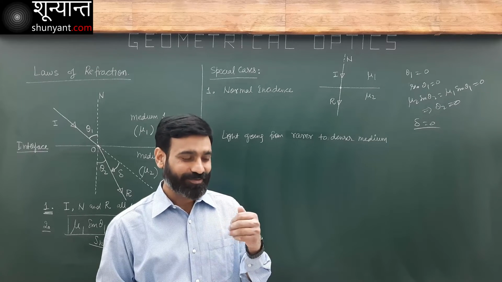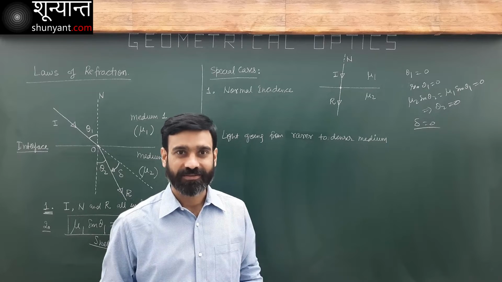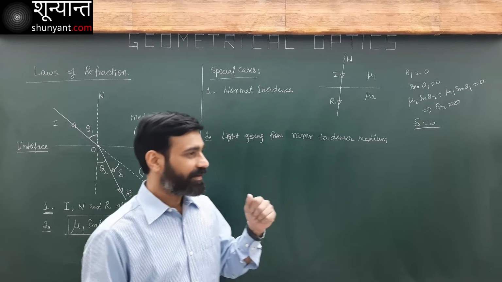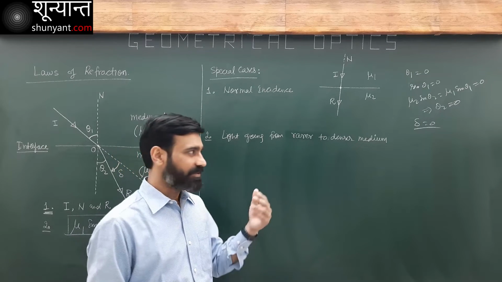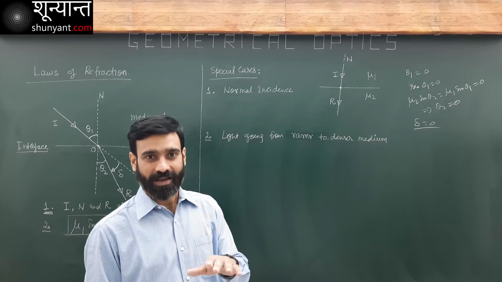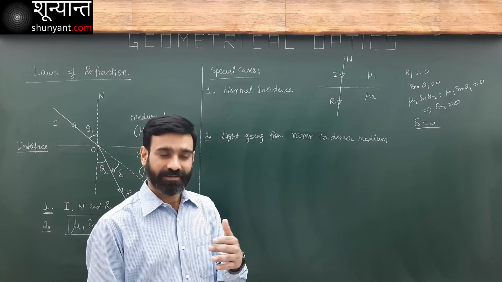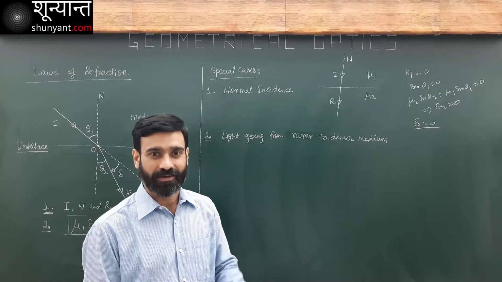So if light goes from water into that oil, it will not experience any change. When we say that medium is changing, that means refractive index must change. Only then we can say that for light, medium has changed.